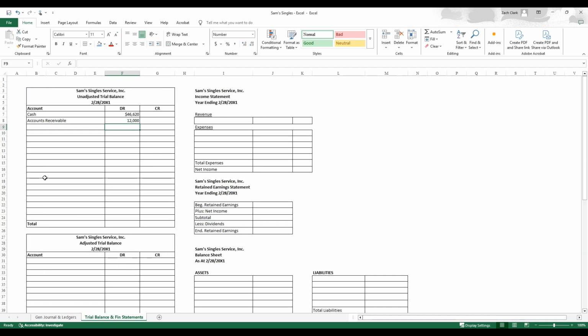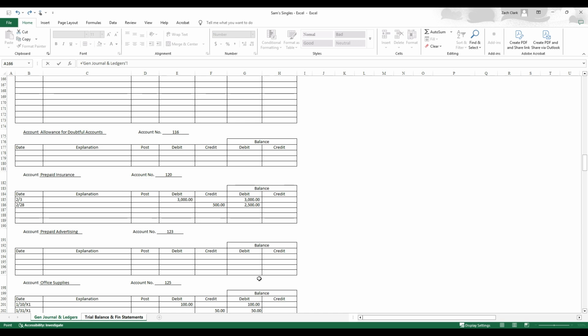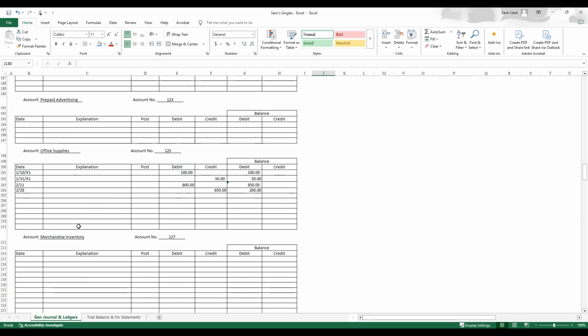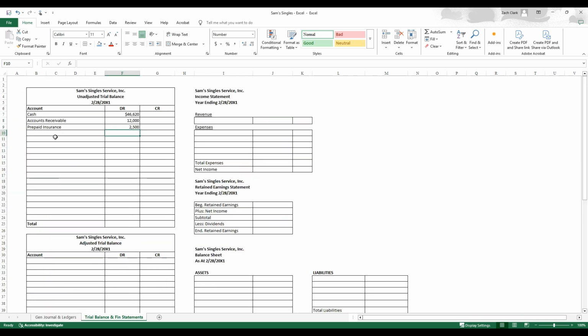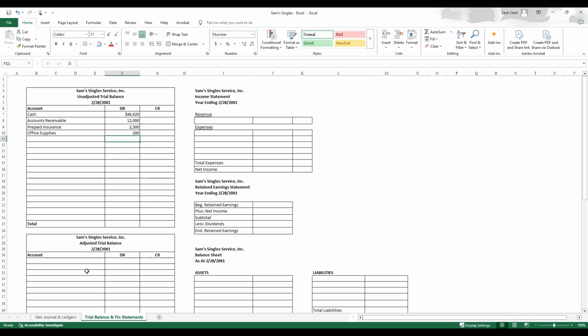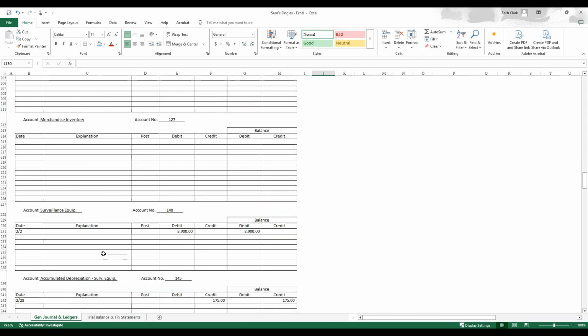Prepaid insurance will be our next account, and it's got a balance of 2,500. Office supplies will be our next account, and it's got a balance of 200, which agrees to our adjusting entry information.